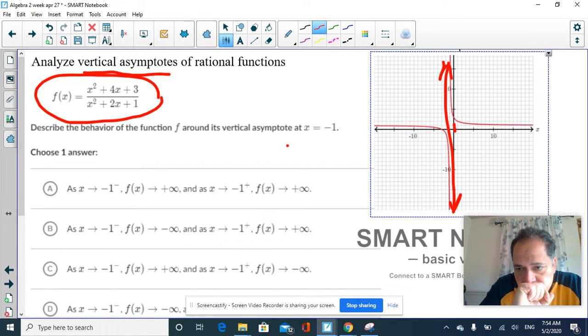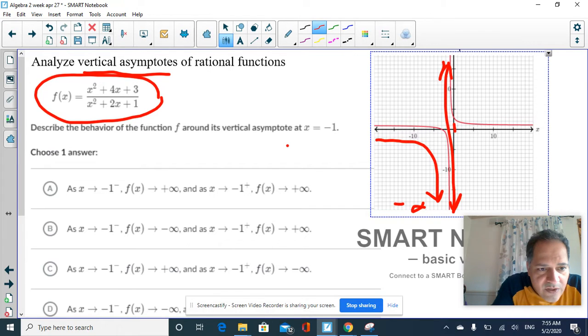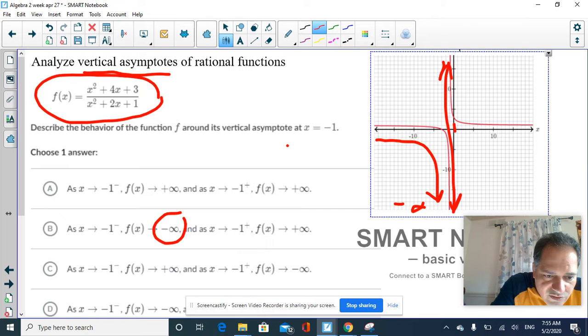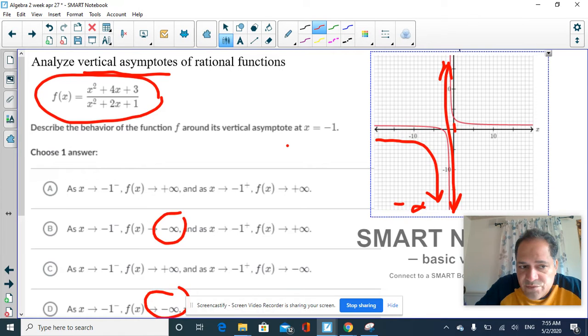The function from left is going to what? Negative infinity. Yes. So as x approaches -1 from left, it approaches negative, so we have negative here, and here also we have negative.